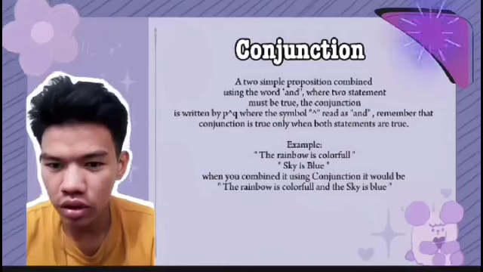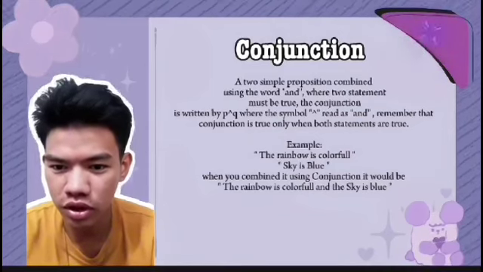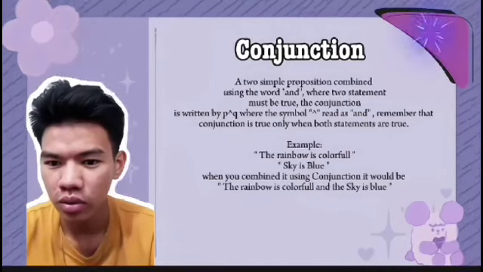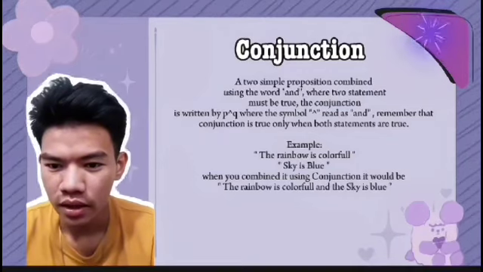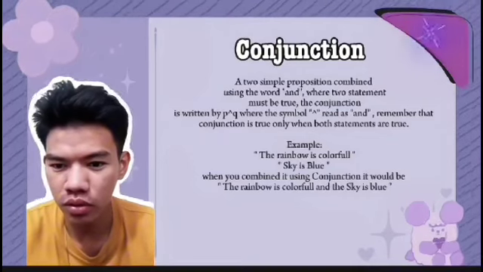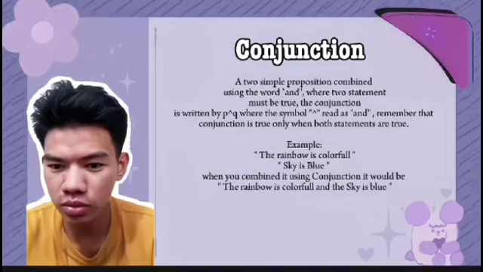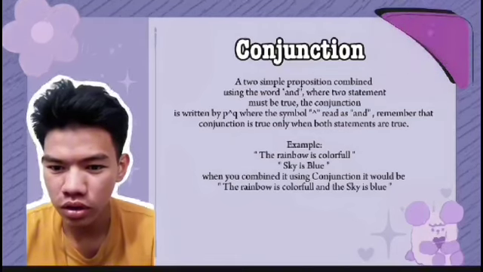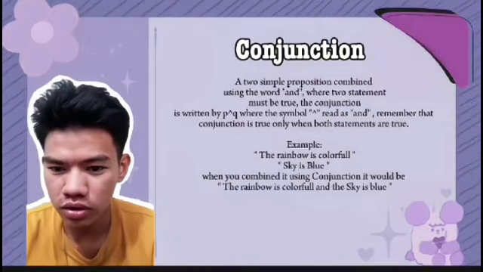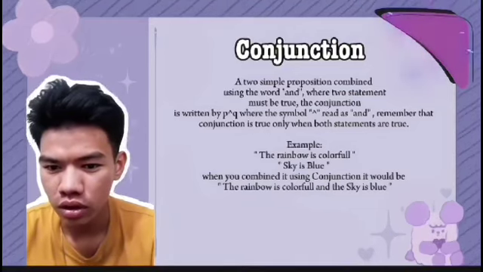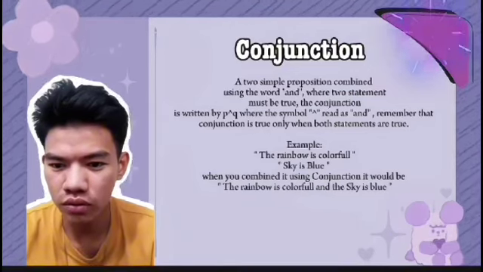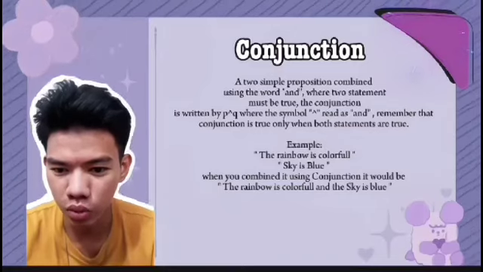Remember that a conjunction is true only when both statements are true. Example: the rainbow is colorful, the sky is blue. When you combine them using conjunction, it would be: the rainbow is colorful and the sky is blue.